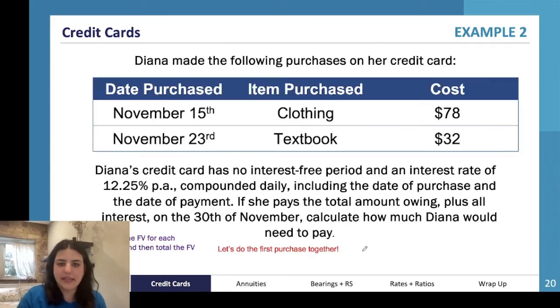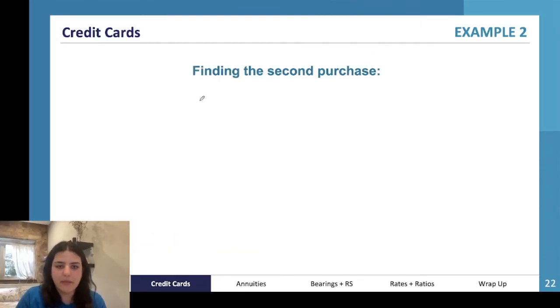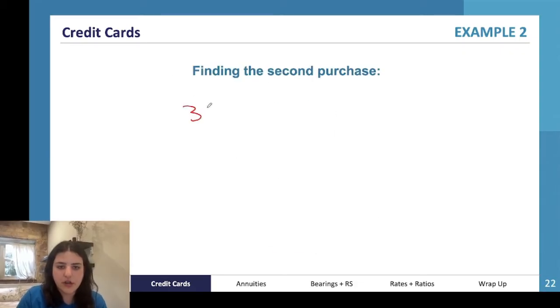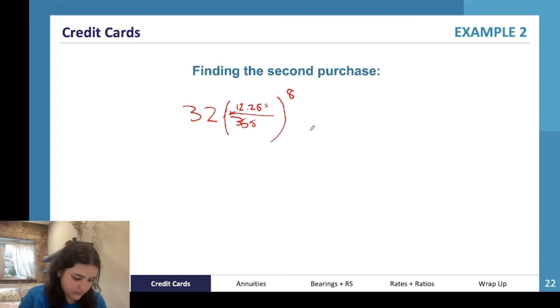So now we're going to find the second purchase. We have the purchase of a textbook on the 23rd, and it was $32. So we've got $32, 12.25% over 365. I'll just pretend I did the 1 plus there. And it was on the 23rd to the 30th, so that's going to be 8 days. Pop that into my calculator, 1 plus, and then 12.25% over 365.